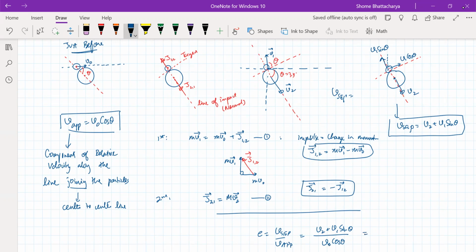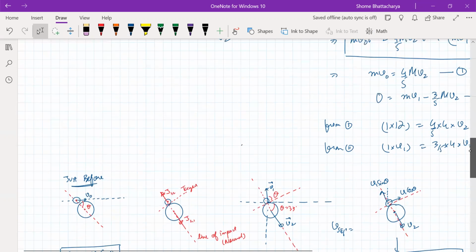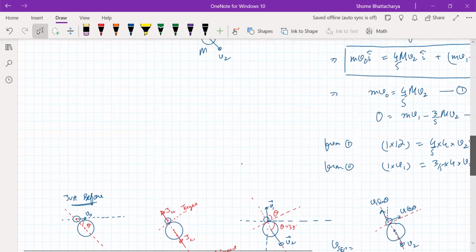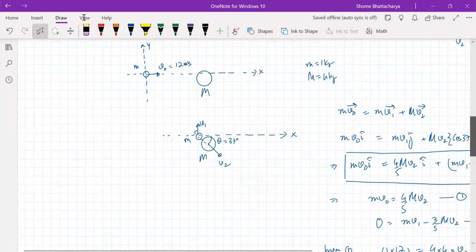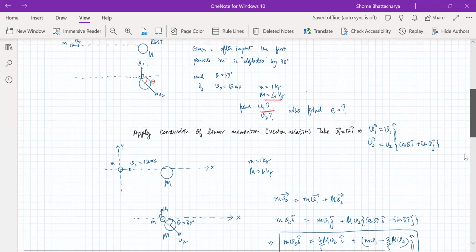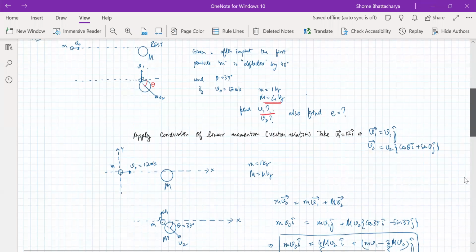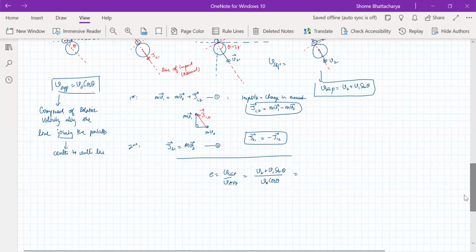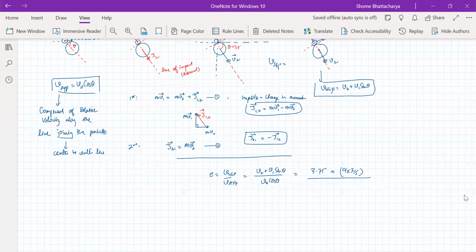V2 was 3.75, V1 was 9, and theta was 37 degrees. So 3.75 plus 9 into sine theta, which is 3/5, sine 37, divided by 12 into cos, that's 4/5.